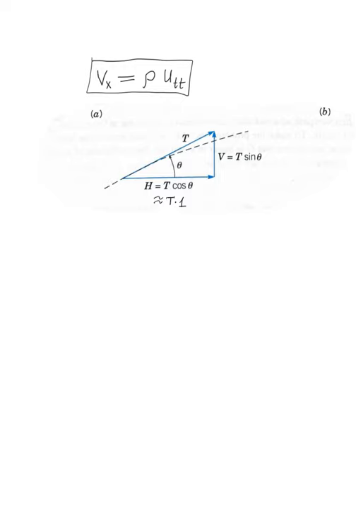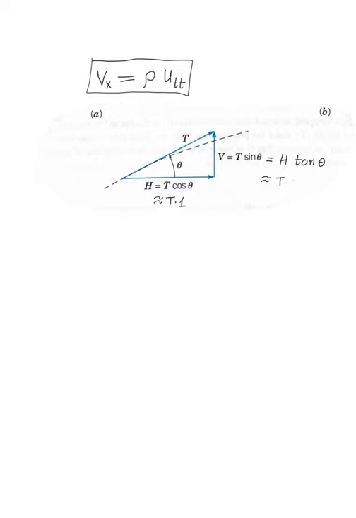Now, the vertical component of the tension, which is T times sine theta, we can express in terms of the horizontal component. So it will be the horizontal component times the tangent theta. The horizontal component, as we just mentioned, is approximately the tension itself.